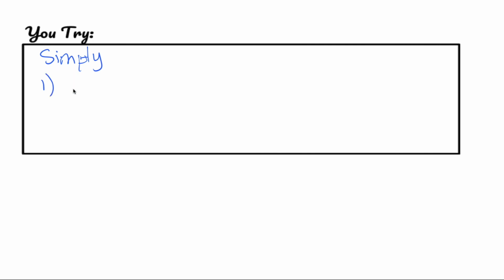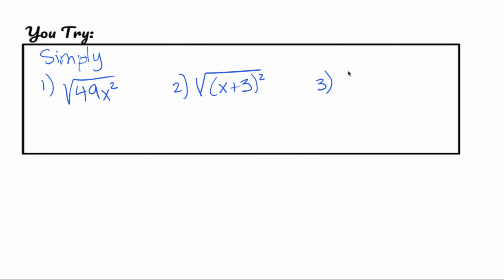The first one, simplify the square root of 49x squared. Simplify the square root of x plus 3 squared. And the last one, the square root of x squared minus 2x plus 1.